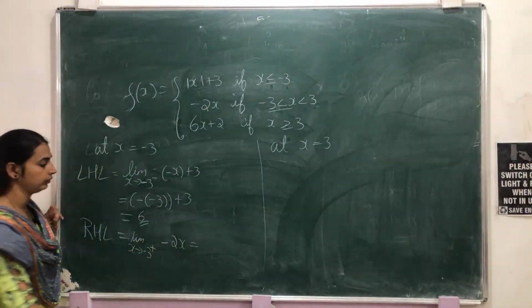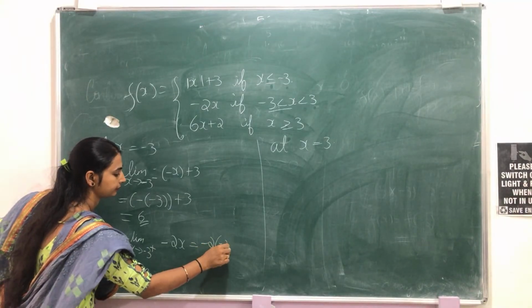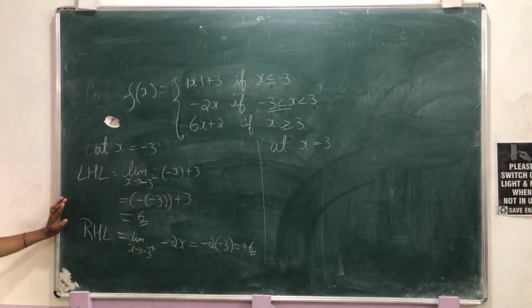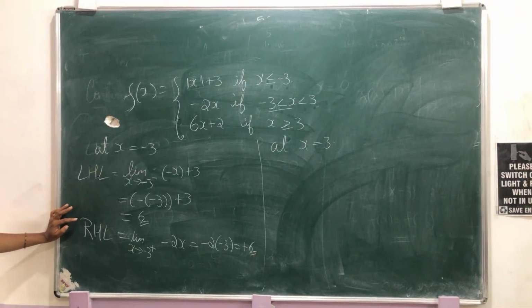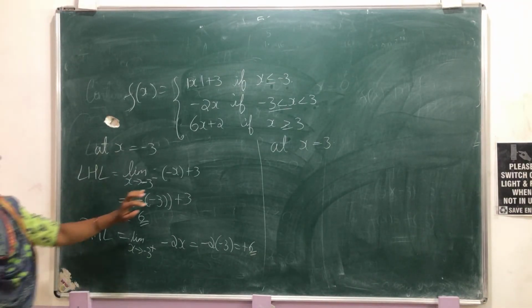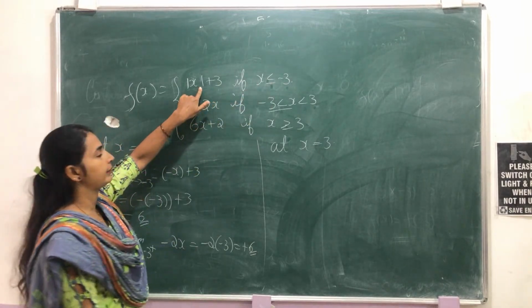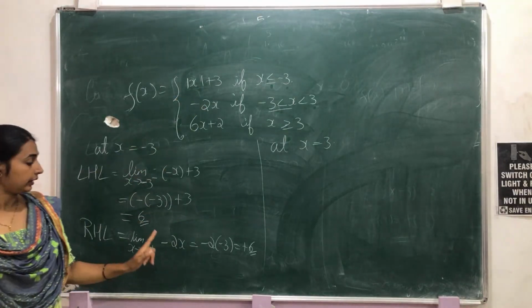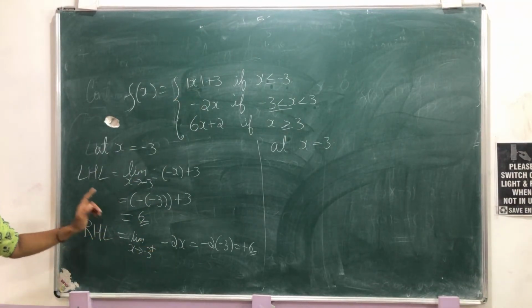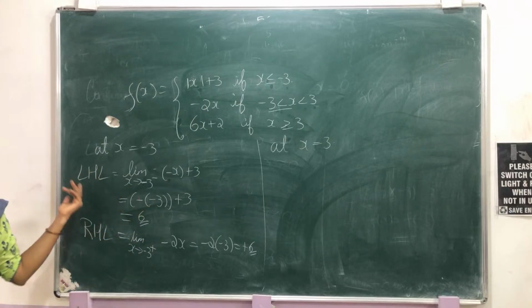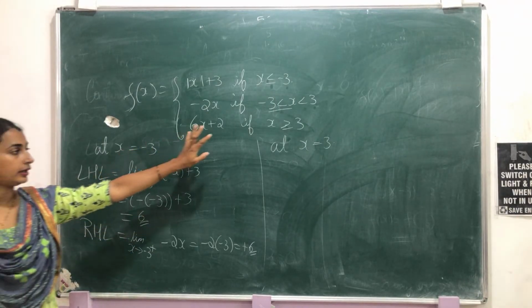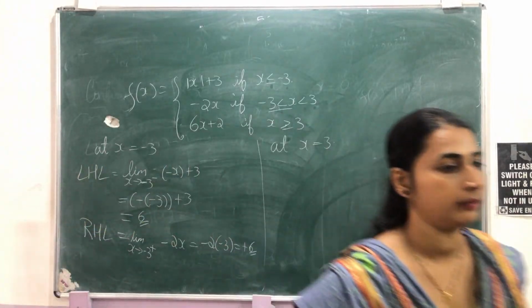What is x now? Minus 3. So it is plus 6. Whether two are equal? Since left hand limit equal to right hand limit, what is value at that point? We are going to get same as this, and that is also plus 6, you know. Since left hand limit equal to right hand limit, the function is continuous at x equal to minus 3. Understood? Similarly, do it for x equal to 3.